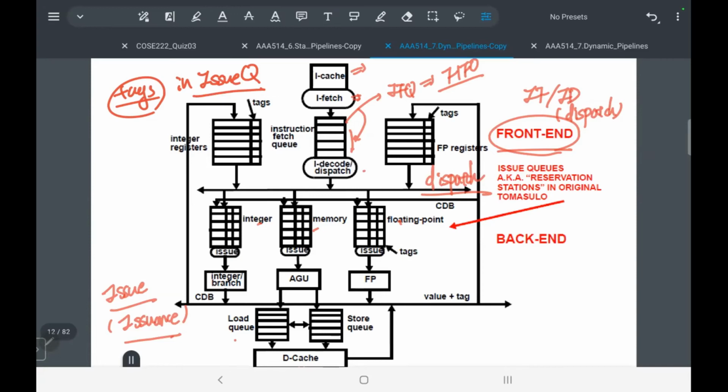So tag means, let's start from add R1, R2, R3. When this instruction is dispatched to the issue queue, we know that this add instruction tries to update the data in the destination register R1, right?